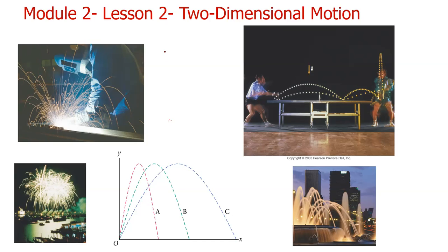Remember that in the first week we learned about something moving along a straight line, could be horizontal direction or vertical direction, right? This way or this way. And we did work on some problems. And then in my first lesson in module 2, we talked about vectors.